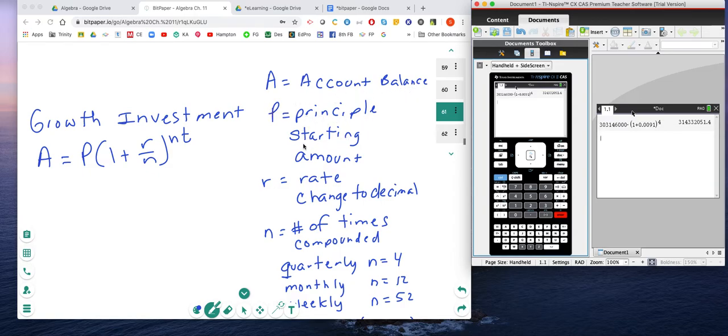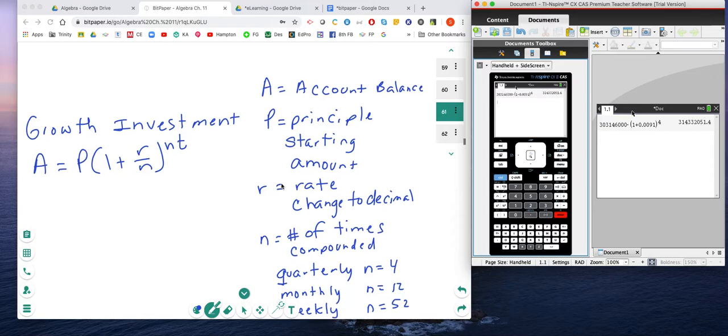This is the starting amount of money that is in the account prior to the interest being added.